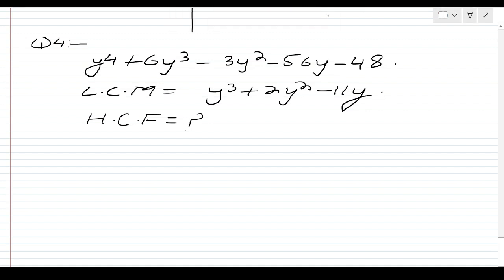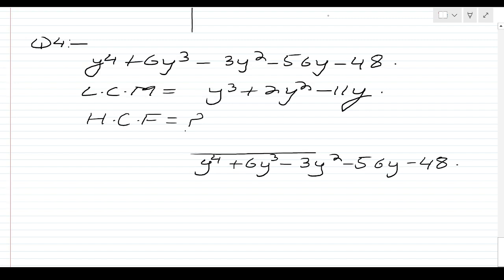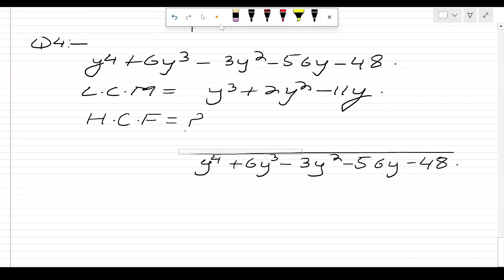Okay, so firstly I'll just place y power 4 plus 6y cube minus 3y square minus 56y minus 48, and then we're going to draw a line. I'll just copy this line and I'll make it vertical.